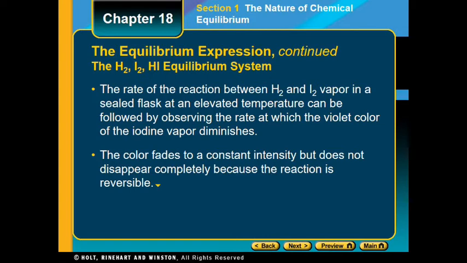So the color fades to a constant intensity, but does not disappear completely because the reaction is reversible, and hydrogen iodide decomposes to reform hydrogen and iodine. You won't be able to see the hydrogen gas, but the iodine gas in its natural state does have a violet color to it. So they're saying that this can actually be looked at visually too.